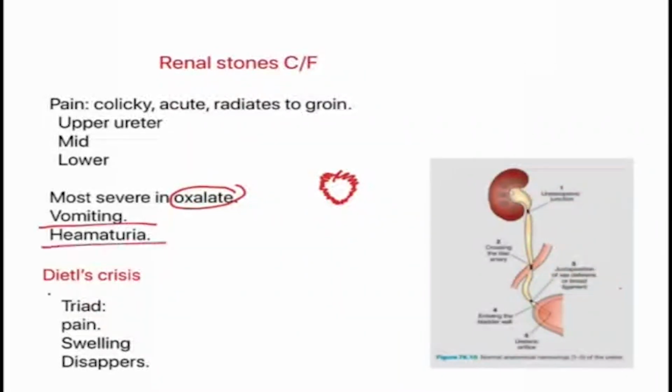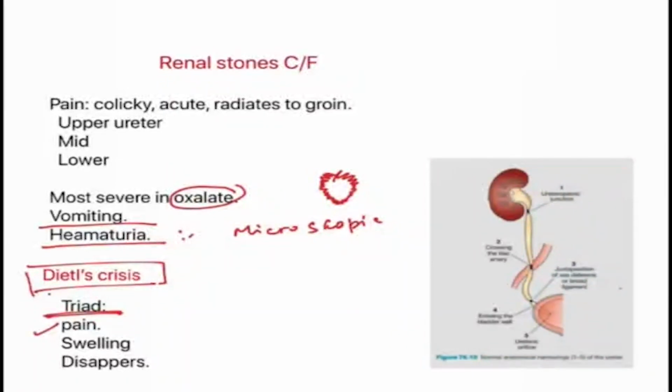Besides pain, vomiting and hematuria may also be present in renal stones. Hematuria is mostly microscopic, that is evident on urinary examination under the microscope. Another term is Dietl's crisis, in which there is a triad of pain and swelling which disappears.